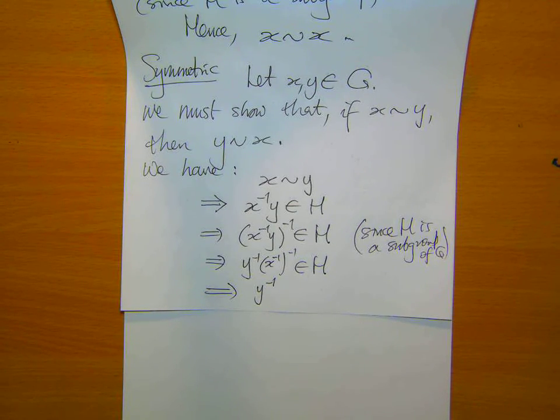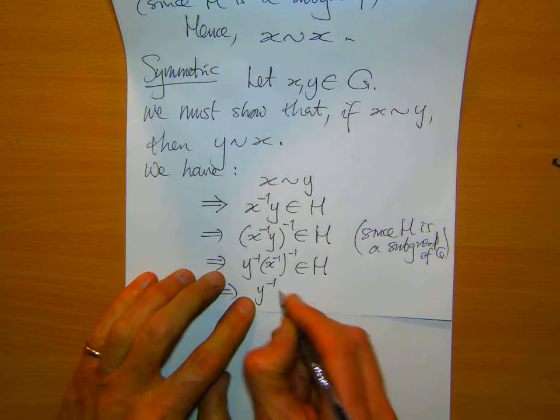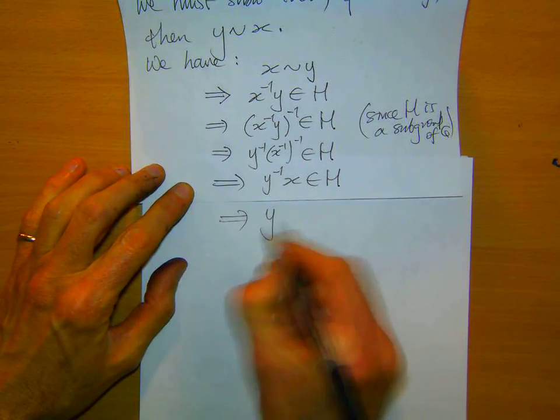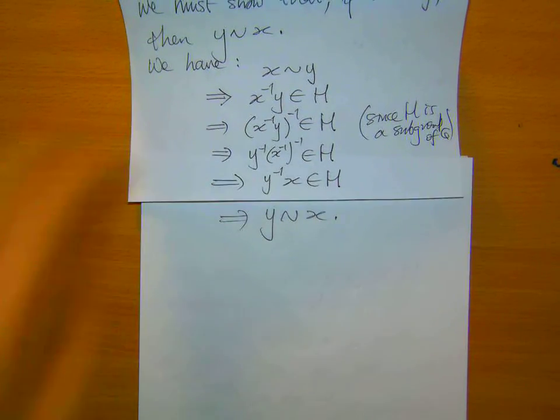Or if you want, just from the index laws, that -1 times -1 is +1, and x to the 1 is x. Either way. So in fact, we've got y inverse x in H, which is exactly the same as saying that y is related to x. So we started off with x related to y, we assumed that, and from that we've deduced that y is related to x, and that's exactly what symmetry is.